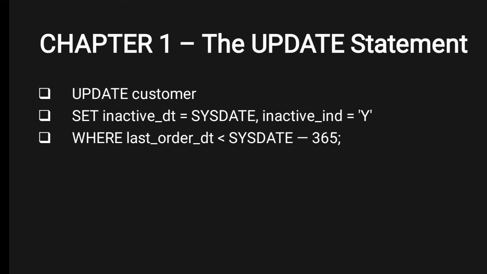If you want to modify more than one column in the table, you have to provide a set of column/value pairs separated by commas, or provide a set of columns and a subquery. The following two update statements modify the inactive_dt and inactive_ind columns in the customer table for any customer who hasn't placed an order in the past year.